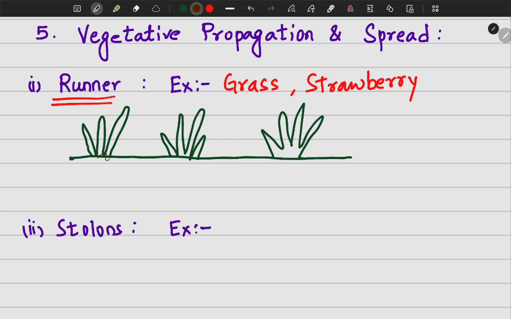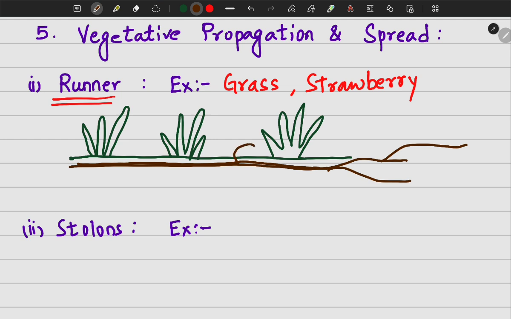They have an underground stem which is connected to the plant above the soil. And these underground stems keep spreading out to new areas underground. So what happens when an old plant dies? These underground stems give rise to the new plant and help in their vegetative propagation and spread.